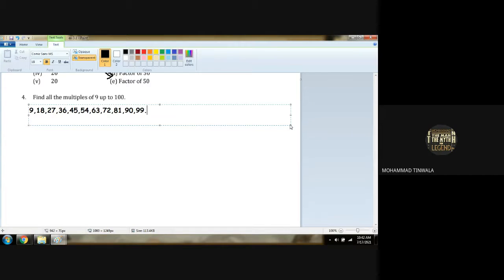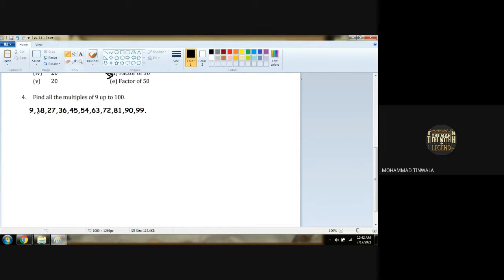Very good. So the table of 9: for example, 9 ones are 9, 9 twos are 18, 9 threes are 27. So 9, 18, 27, 36, 45, 54. It goes on up to 99. Why up to 99? Because they want up to 100, so less than 100 we have to follow, right?